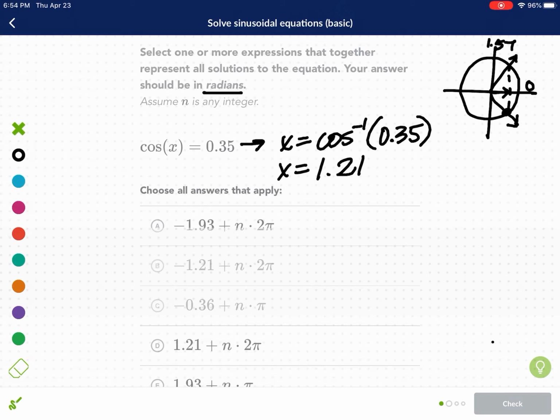Well, directly below it at that angle, we'll have the same x value. So if this angle of rotation is 1.21 radians, this angle is also 1.21 radians. So that would just be 1.21 radians short of the full circle, or 1.21 radians short of 2 pi.